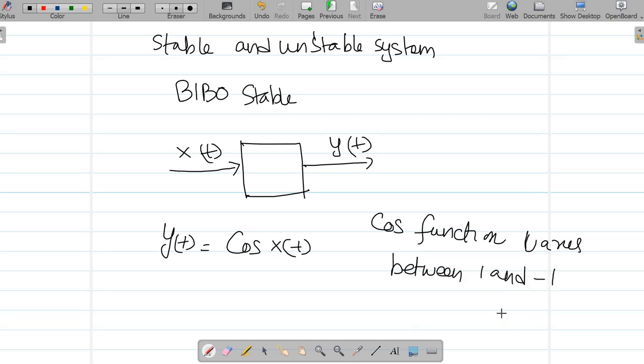That is, its output is always bounded. So if I pass a bounded input as the argument of the function, then definitely I am sure I am going to get a finite value. The output is going to be of finite nature. So such a system is known as BIBO stable.